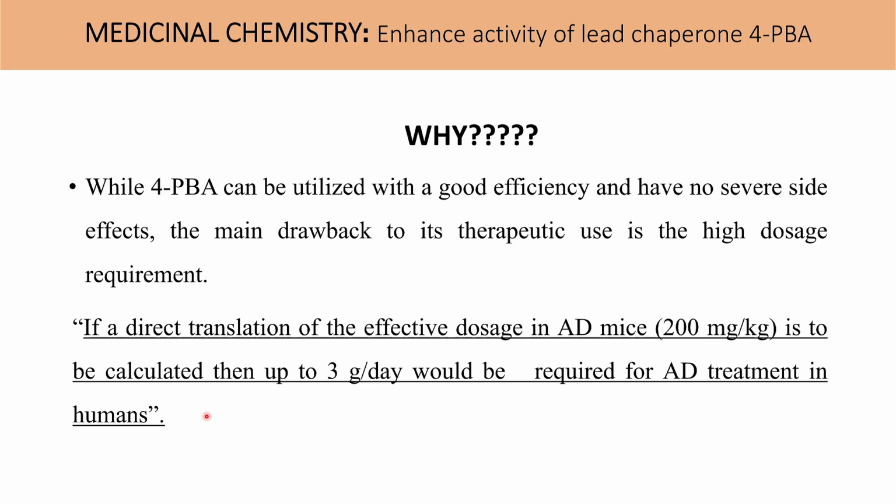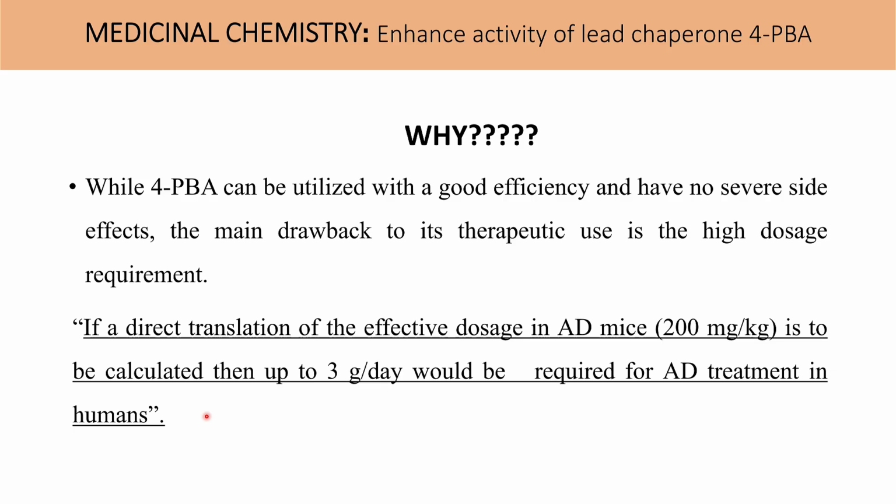Although PBA has a very good activity and is very effective, the dose which caused this efficacy was around 200 mg per kg weight in animals, and if we translate this to humans, it will come out to be around 3 grams per day. A drug at this high dosage is not feasible to be used by a patient. So, its dosage is high.